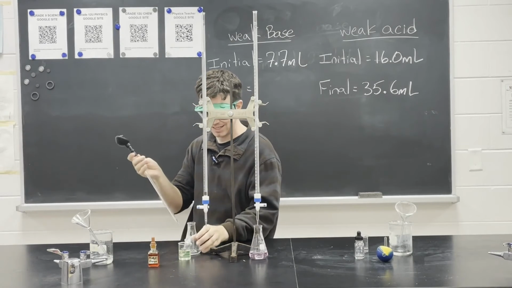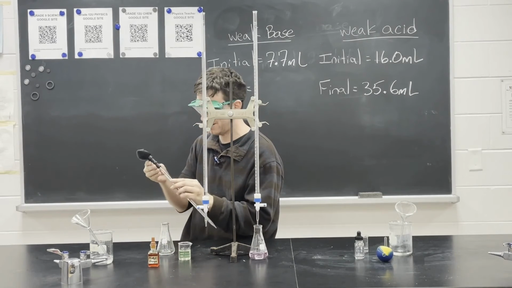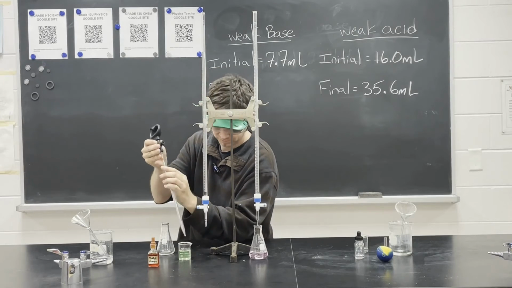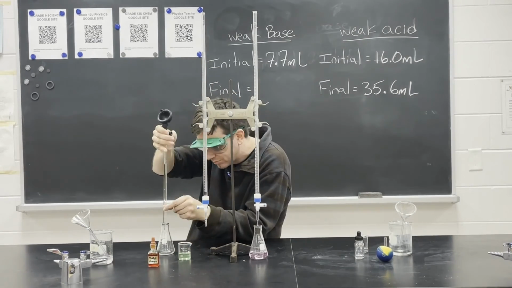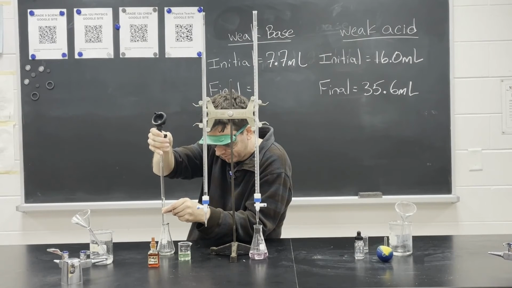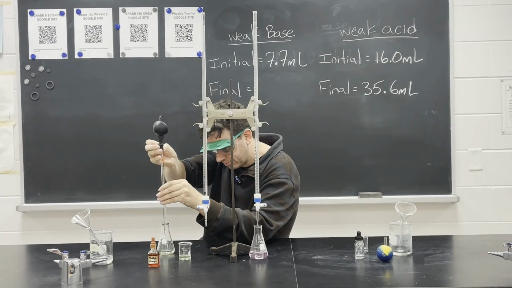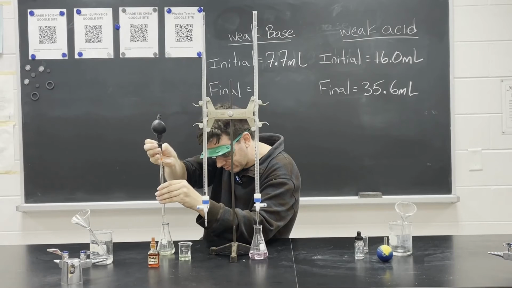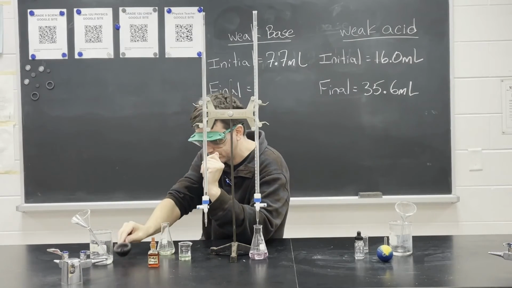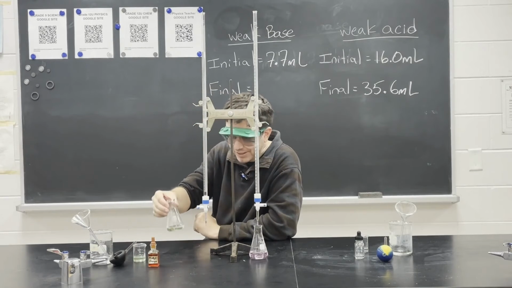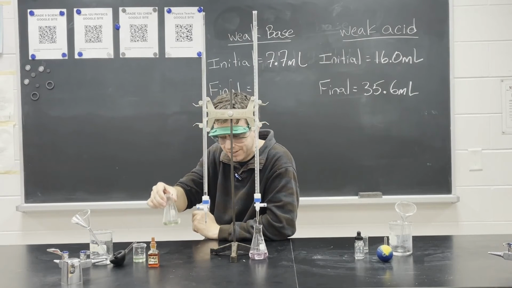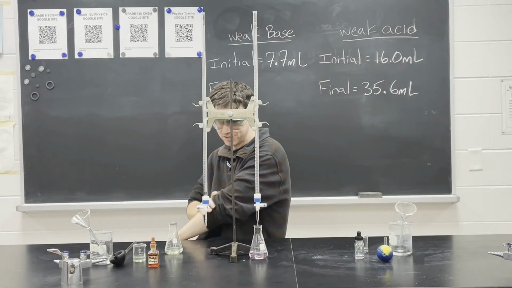All right, let's take 20 milliliters of ammonia. All right, so we got our 20.0 milliliters of ammonia at an unknown concentration.